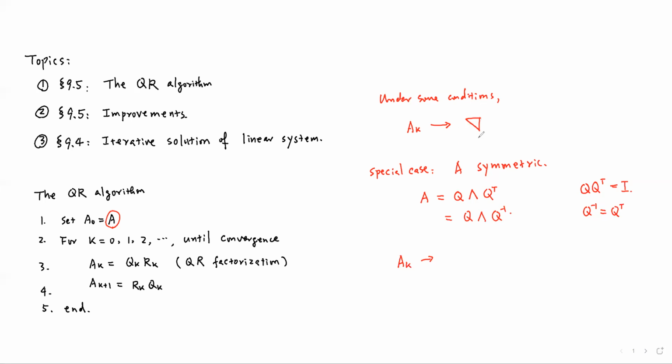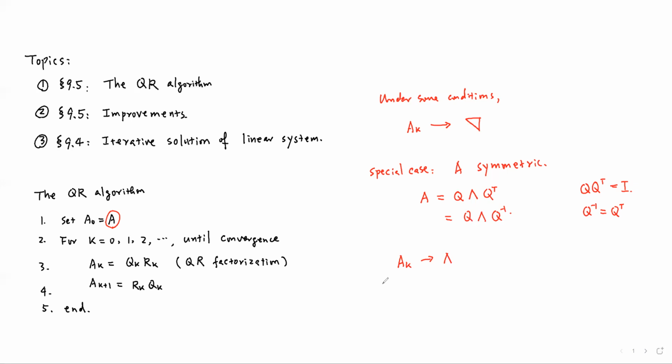Because this upper triangular matrix is symmetric, it is diagonal. It can be proved A_k actually approaches lambda.